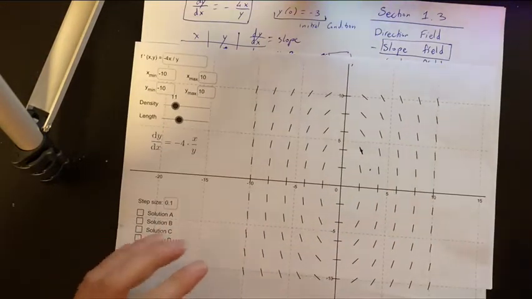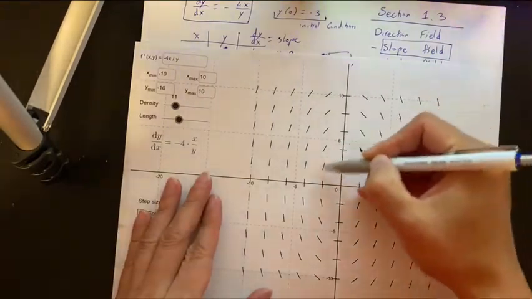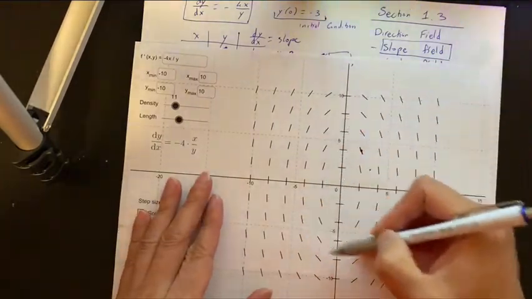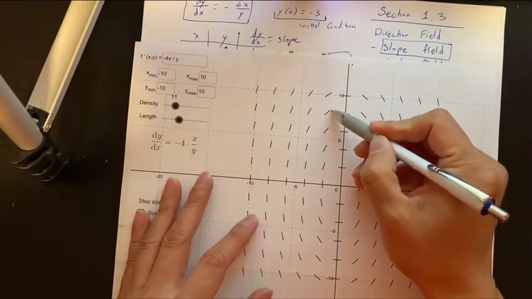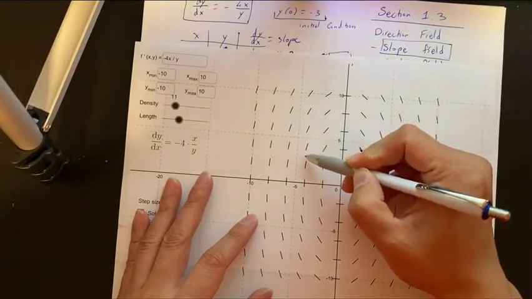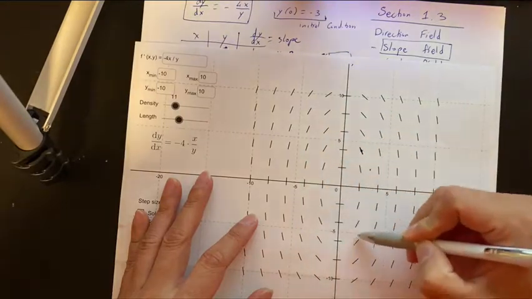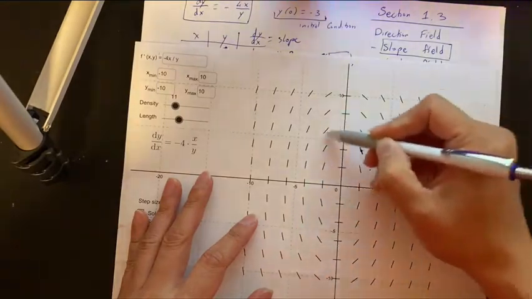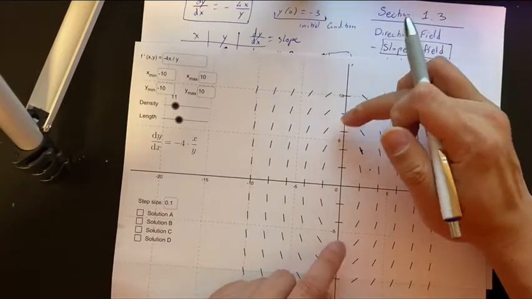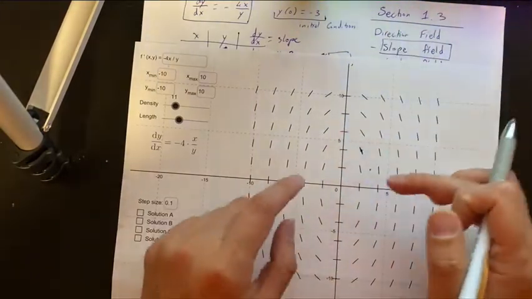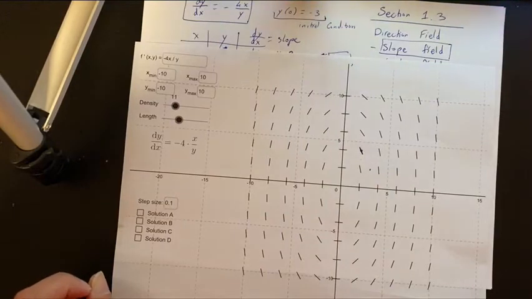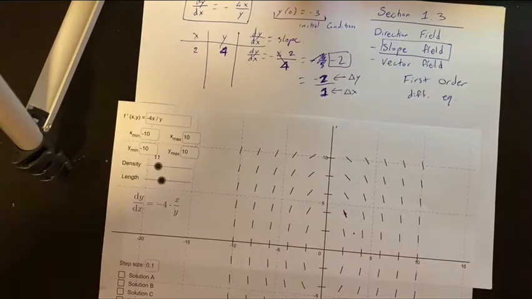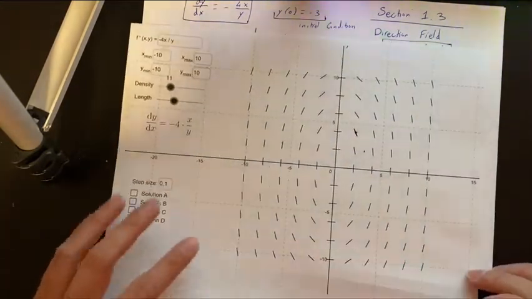And if you look at it, it seems like all the solutions would be somewhat of an ellipse. If I were to follow along these slopes, it looks like a vertical ellipse, because here your vertical axis is bigger than your horizontal axis. Okay, all right, so that's really what a slope field is.